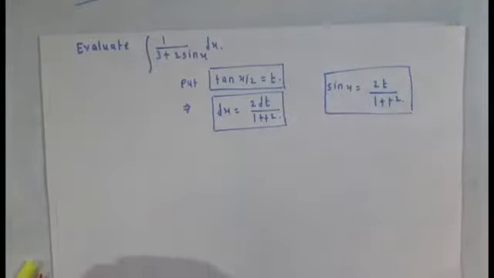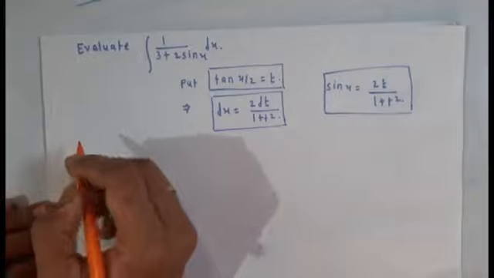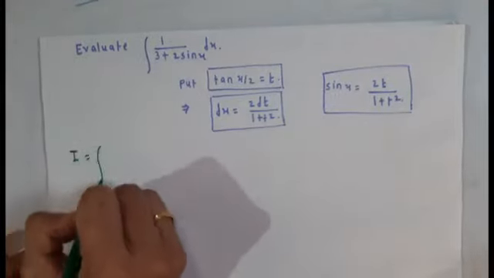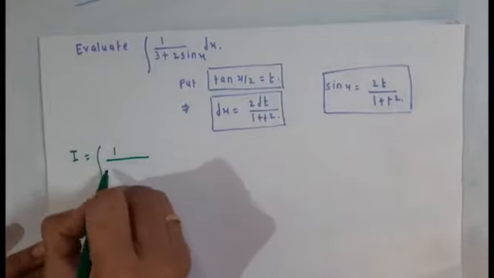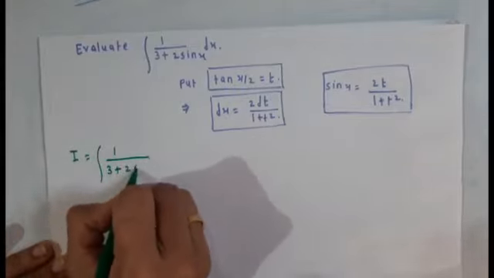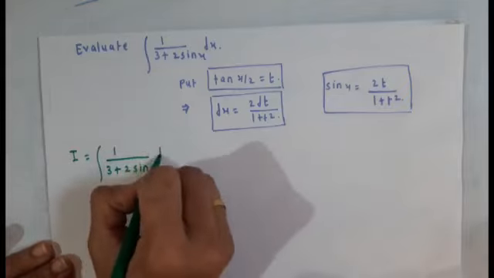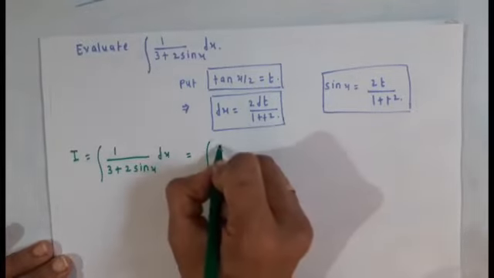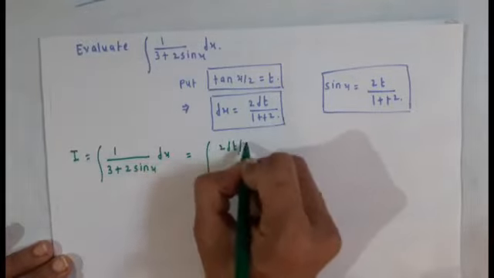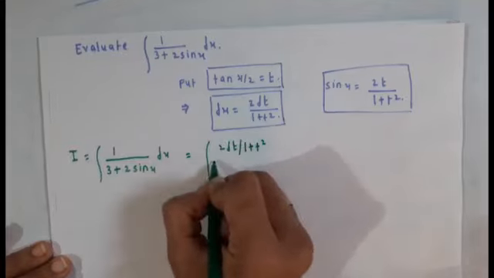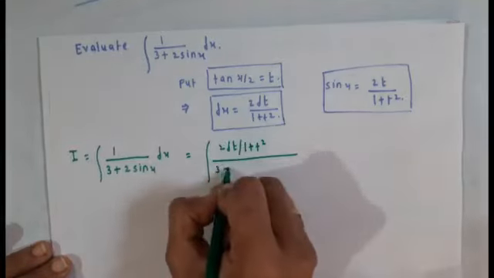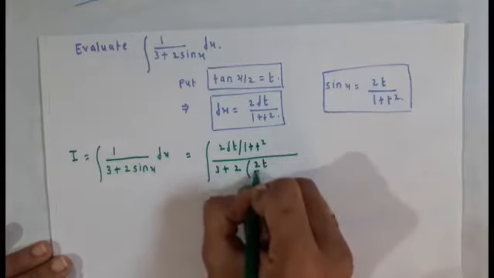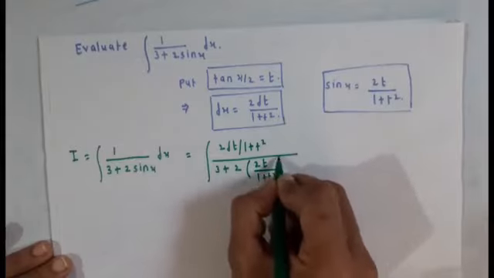Okay students, and hence now the integration I equals, what is your integration? That is 1 upon 3 plus 2 sin x with respect to x, and that is equal to the value of dx, 2 dt upon 1 plus t square, divided by 3 plus 2 into the value of sin x, that is 2t upon 1 plus t square.